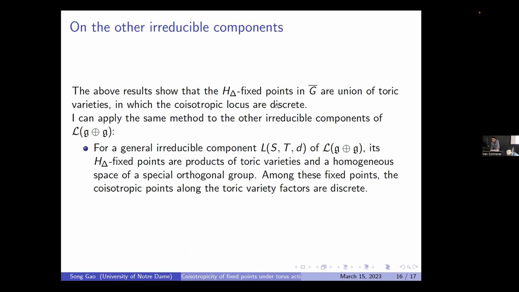And besides G bar, I also got results in other irreducible components. So G bar is just one irreducible component of the variety of Lagrangian subalgebras. Okay, this is the last page.